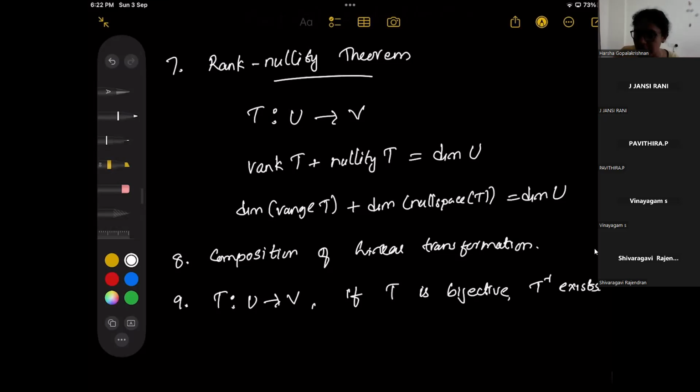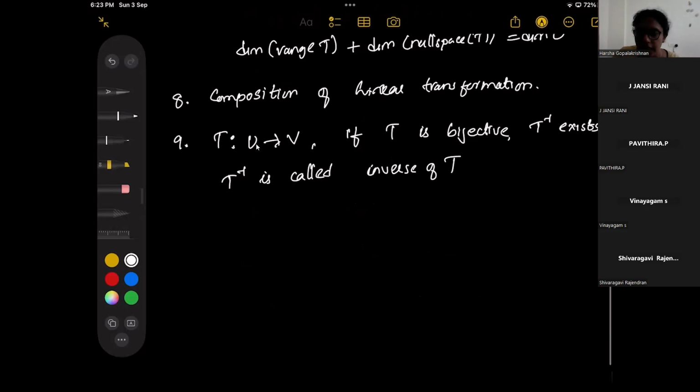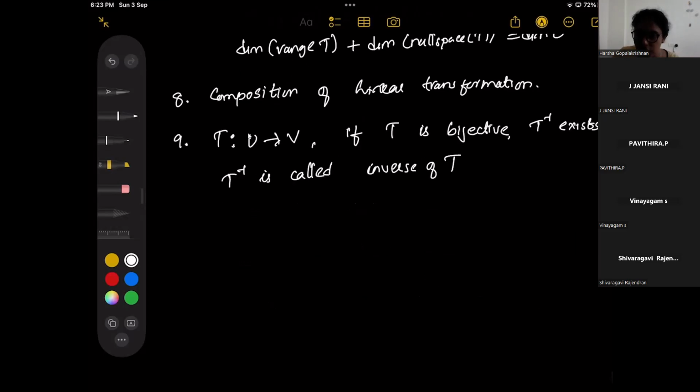So obviously some T inverse map exists. That T inverse is called the inverse of T. Again, it is the usual definition of the function inverse. Now what we can say is, between two vector spaces U and V, if a bijection T exists, then we can say U and V are isomorphic vector spaces.